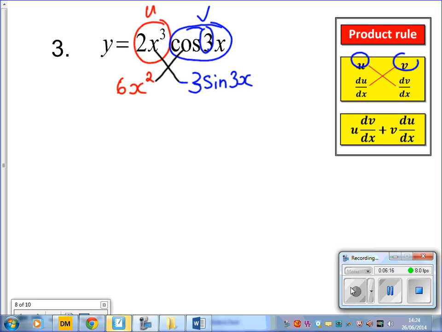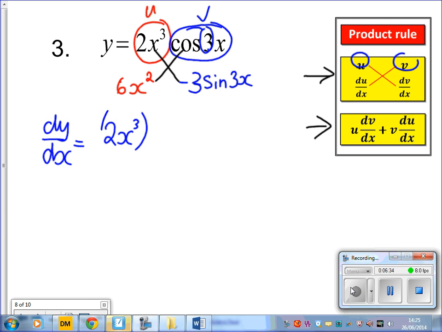Following this pattern from here and replacing these values like this gives me dy dx equals u, which was 2x cubed, times by dv dx, minus 3 sine 3x.